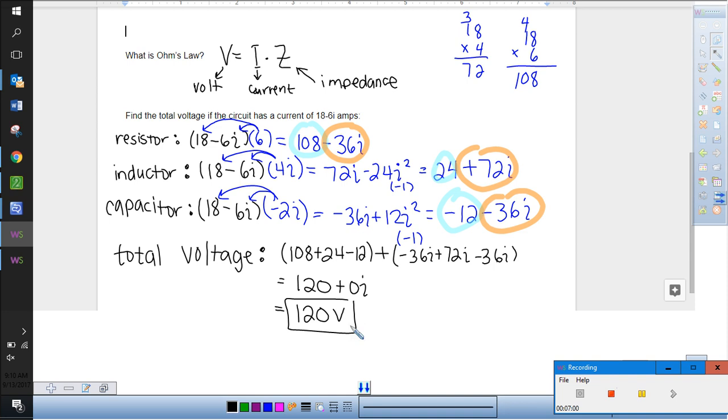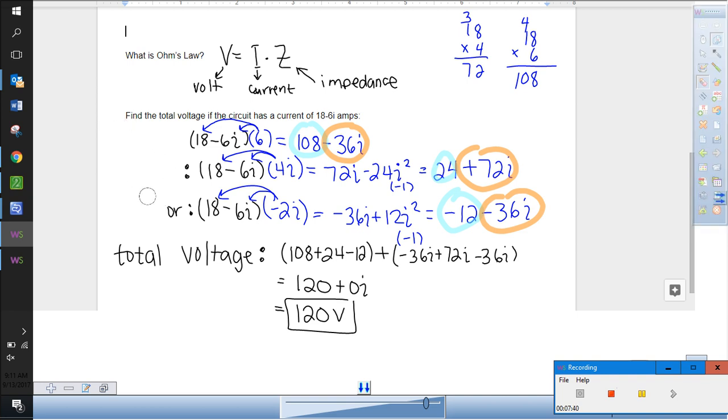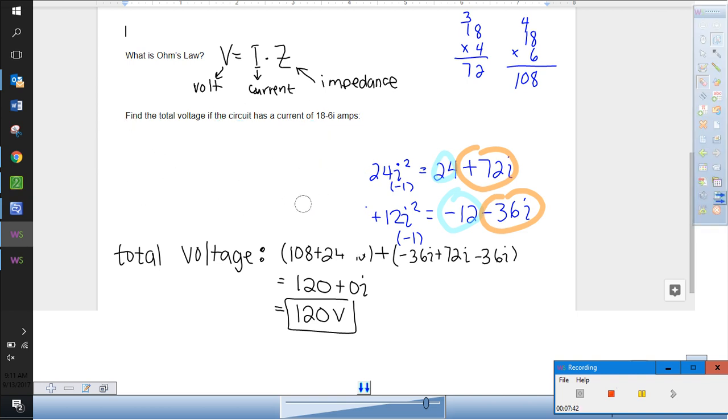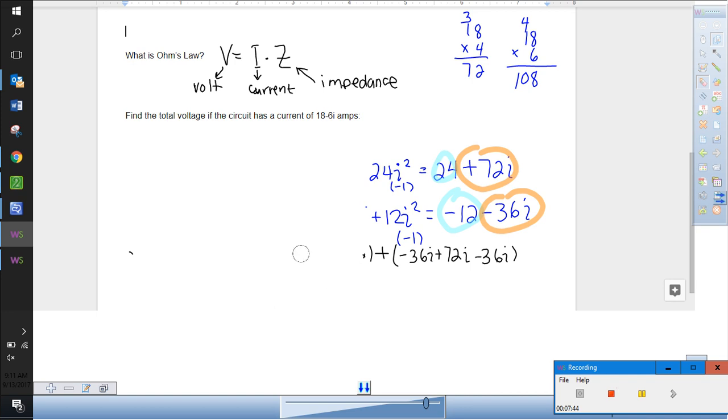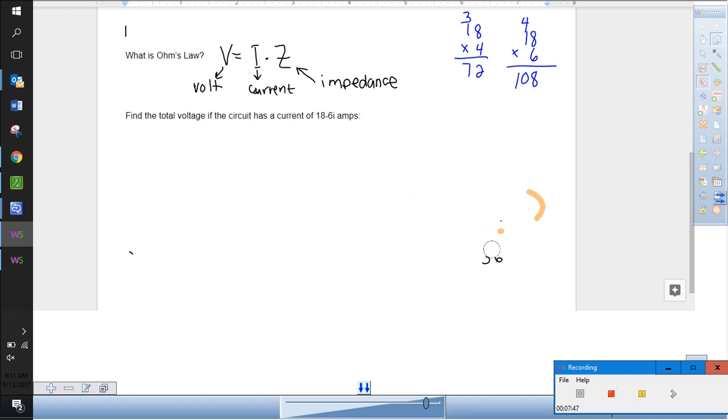Now I'm going to show you the second way. If you're fine with the first method, go ahead and stop, but I do want to show you one more way. These were individual impedances times the same current. Rather than doing that, I could take my total impedance times the current.